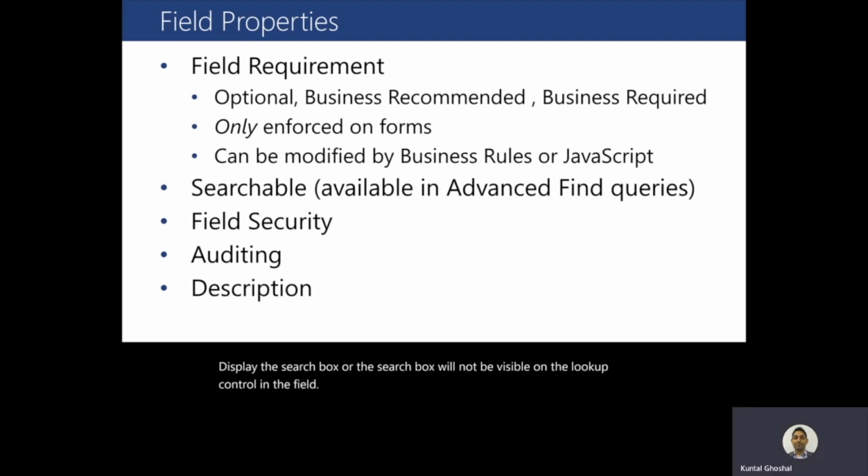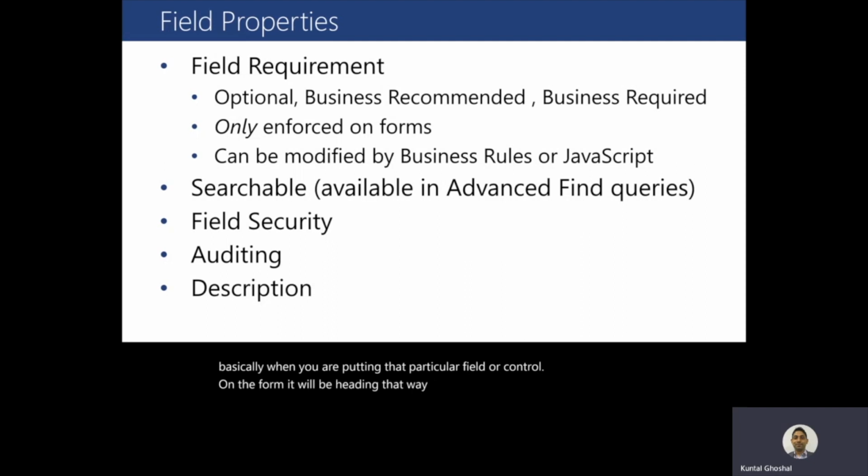Moving on, we'll be talking about some of the field requirements. When you create a field inside Dynamics, you can mark that field as optional, business recommended, or business required. When you put that field or control on the form, it will behave in that way.